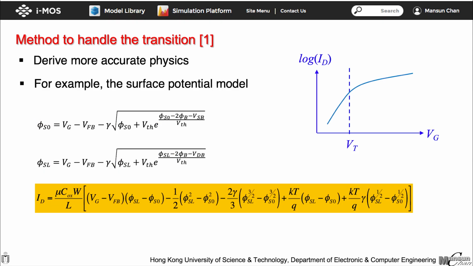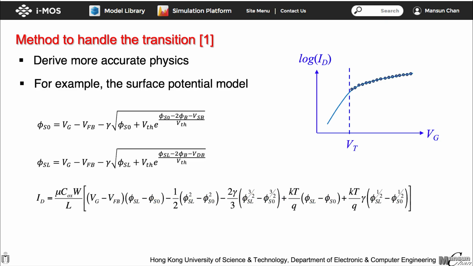Secondly, the complex form of the equation makes it difficult to adjust part of the curve without affecting the other parts. For example, assume the turn-on region is accurately fitted already, and only the subthreshold region needs to be adjusted. It is difficult just to change some parameters to adjust the subthreshold region without affecting the turn-on region.